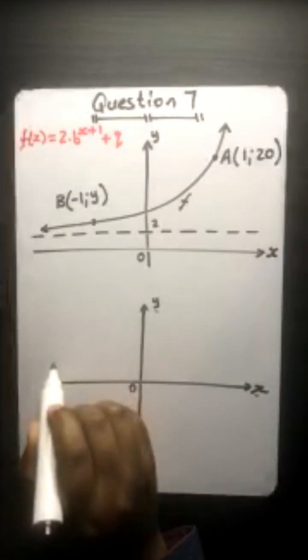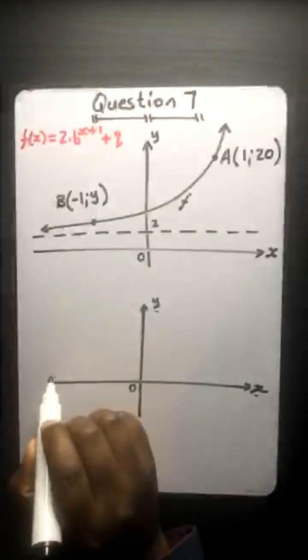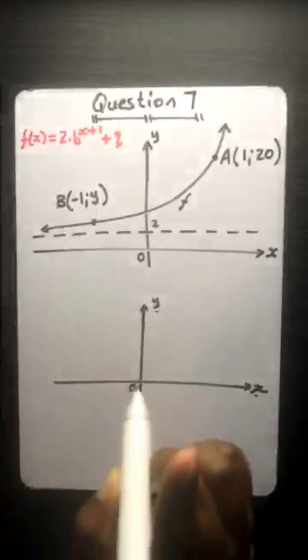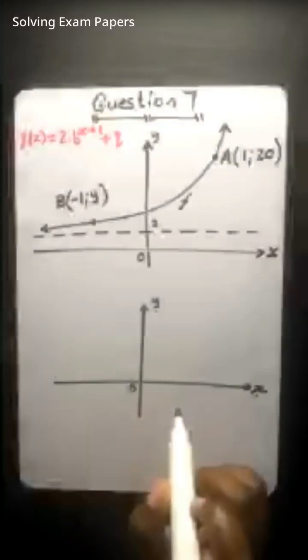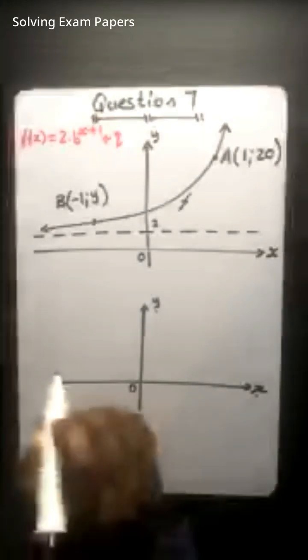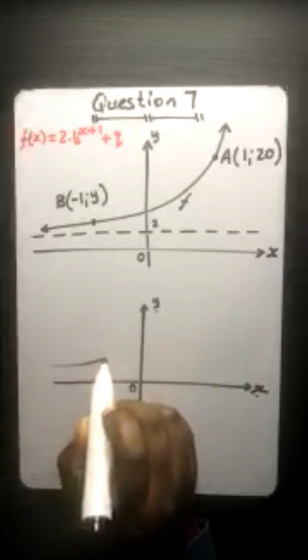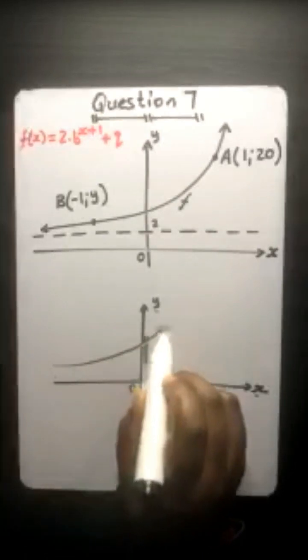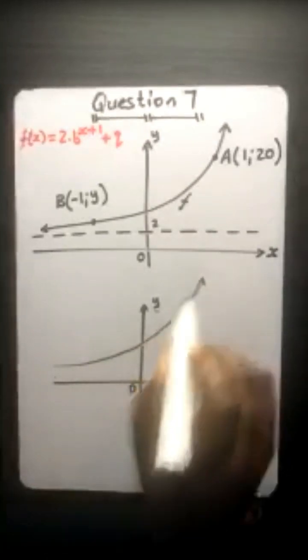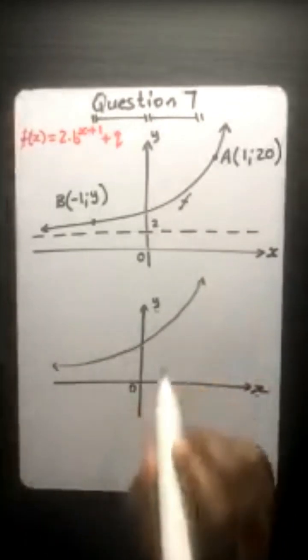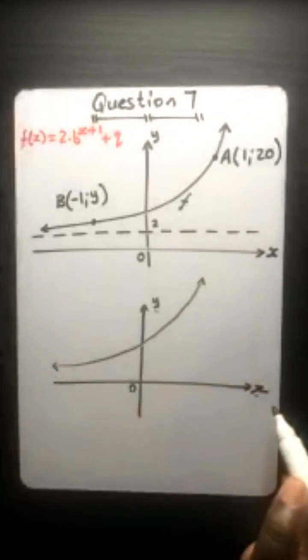How do you know that it's increasing? What is it that increases? It is the y value that increases, which makes it an increasing function. Can you see the y value slowly increasing? That is why we call this an increasing function.